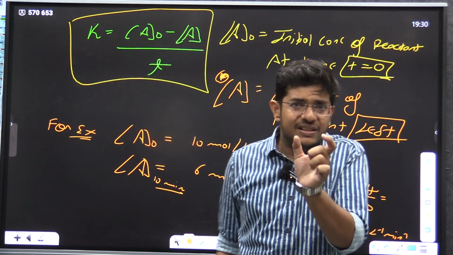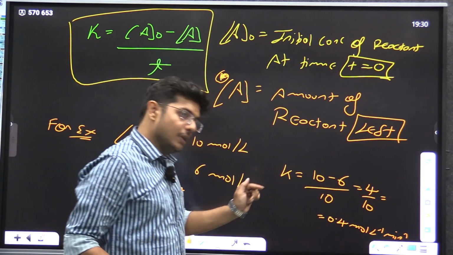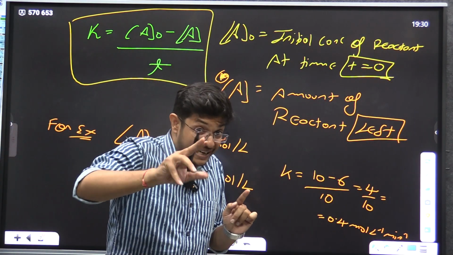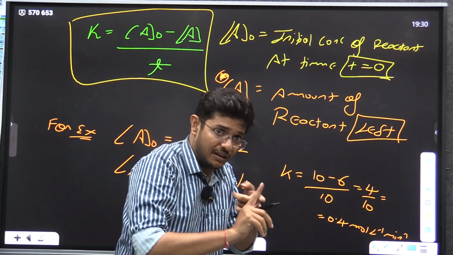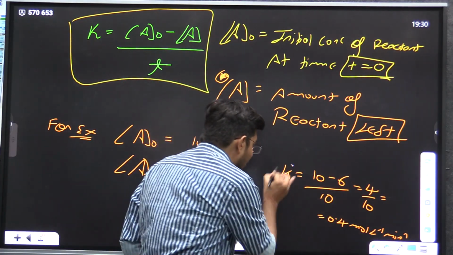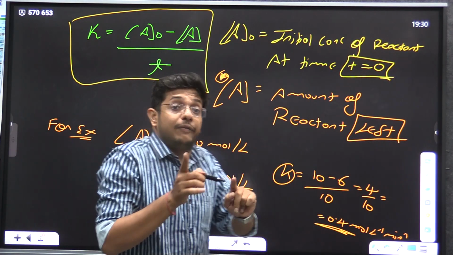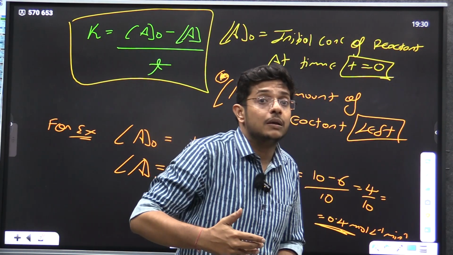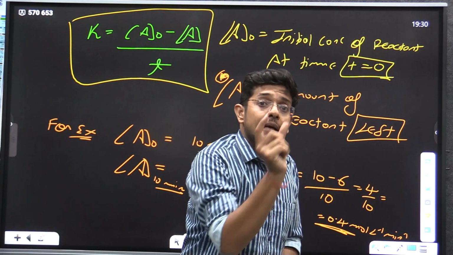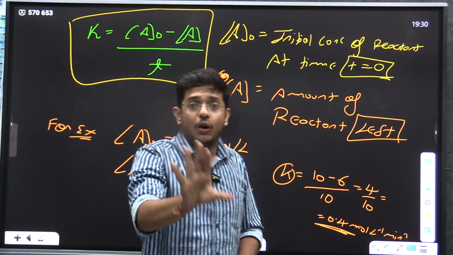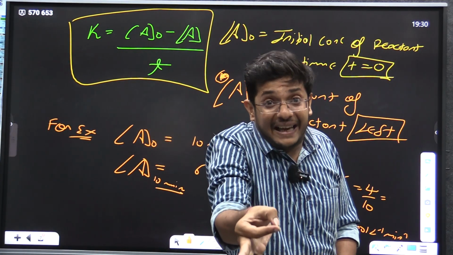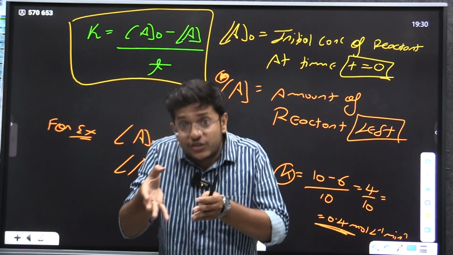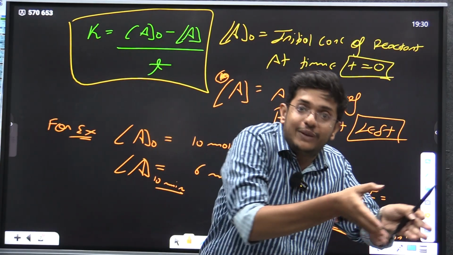Now what does the 0.4 actually say? Just recall the definition again: zero order is independent of the concentration of reactant, right? So the rate constant being 0.4 means the amount of reactant consumed in every time period will be 0.4, because zero order kinetics says that an equal amount of reactant will be consumed in an equal period of time.